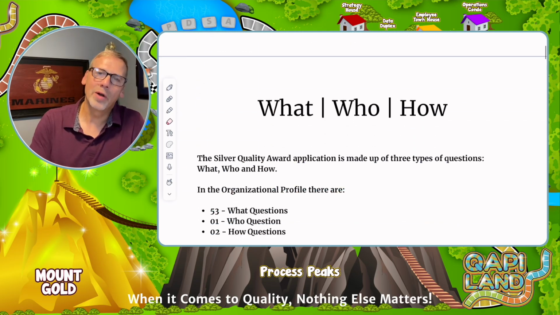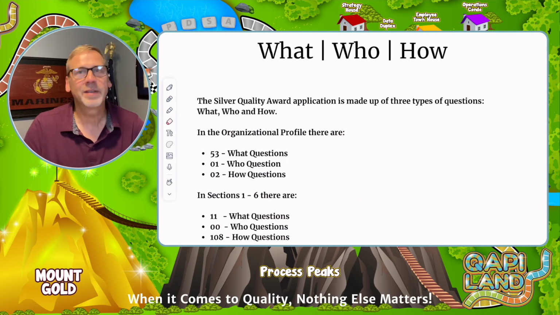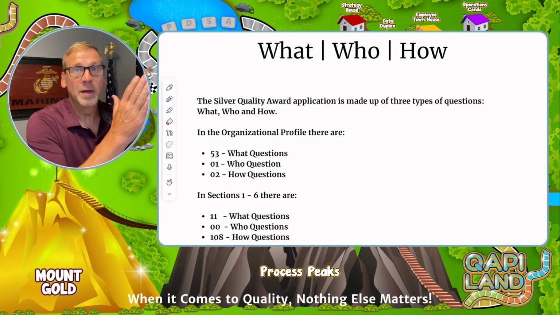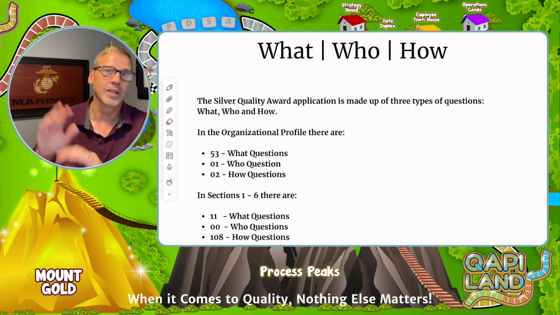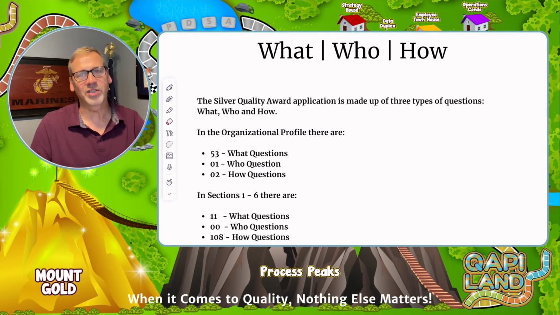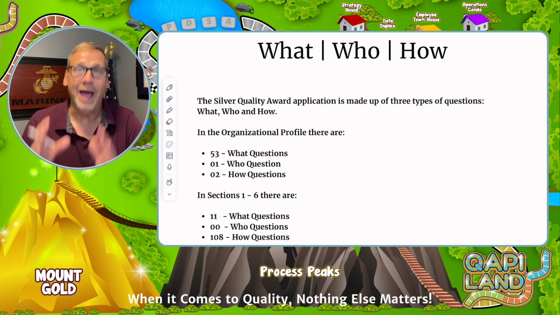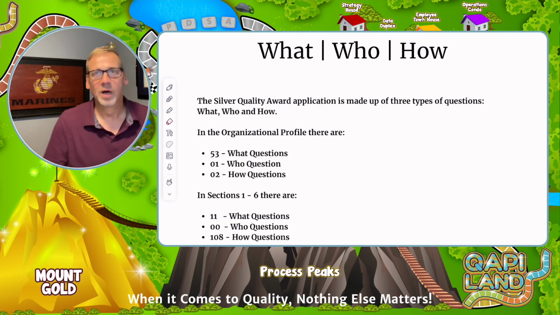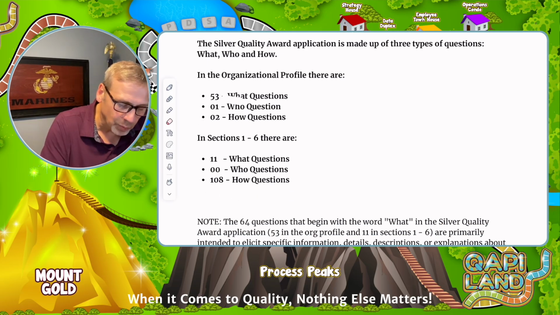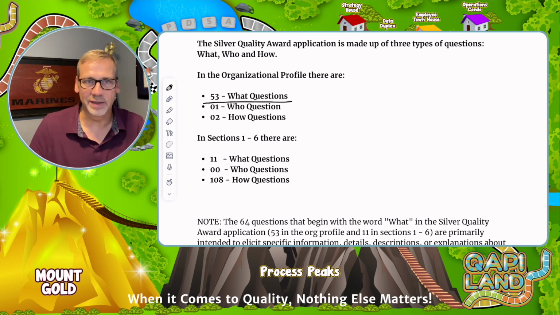The other thing I want to point out is the three types of questions in the application. These three types of questions are in the bronze application, the silver application, and the gold application. They're all made up of only these three types of questions: the what question, the how question, and the who question. Now you can see the organizational profile is heavy on what questions. 53 what questions.